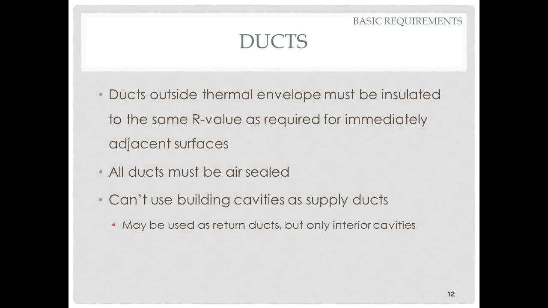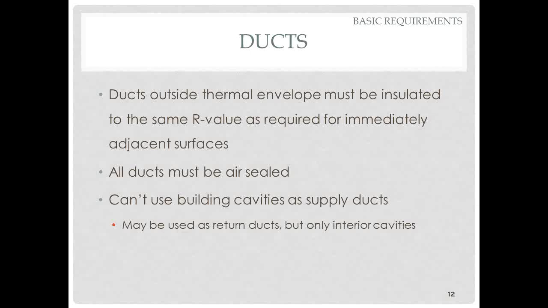And again, if you want to think about how you might end up insulating ductwork in an attic to the same level as you're insulating the attic floor, it's a rather rigorous requirement, and probably will serve as a deterrent to putting ducts in attics, which may be a good thing. All ductwork has to be air sealed.